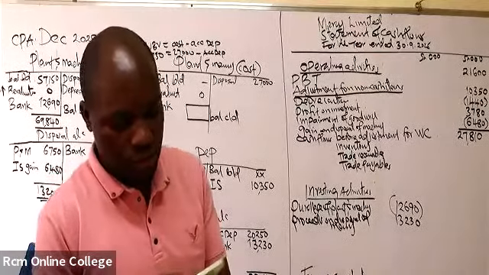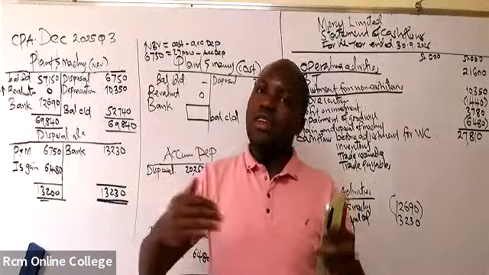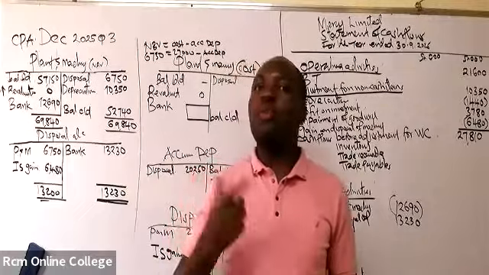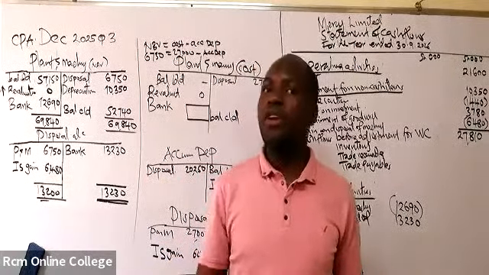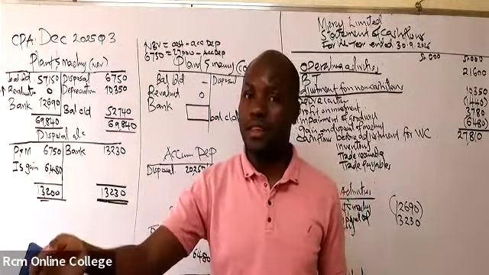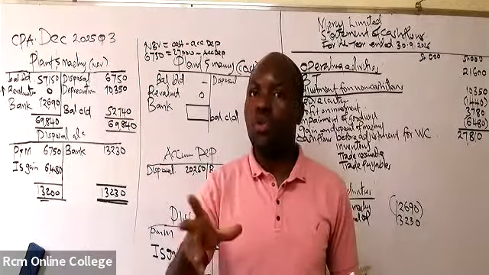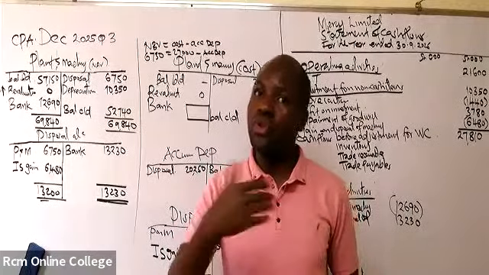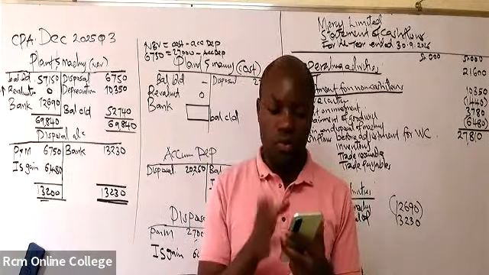What normally happens is this. When your inventory increases, it means you purchased more. What happens if you do purchases? Money will be going out of the business. When your inventory reduces, it means you've sold what you have, and when you do sales, you receive money. That is cash inflow.